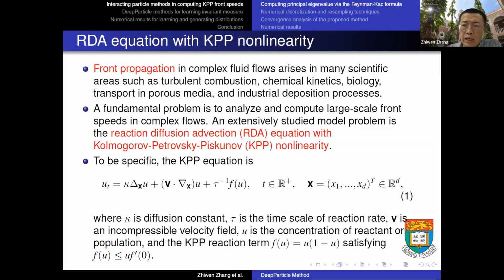So I studied this problem, so-called front propagation in complex fluid flows. This has many applications in many areas, such as turbulent combustion and chemical kinetics. Basically, this fundamental question is to study, analyze, and compute the large scale front speed in complex flow.